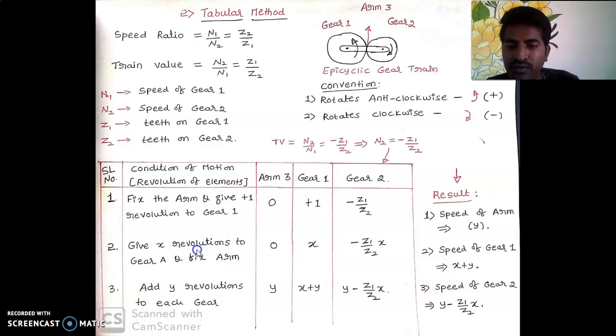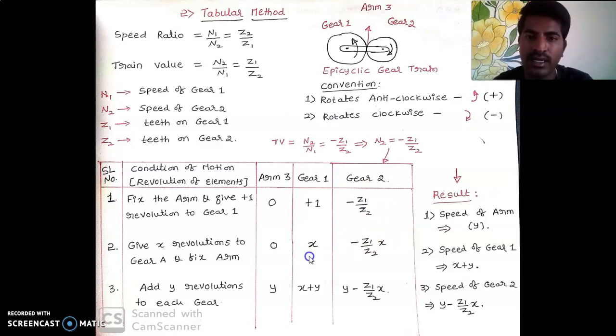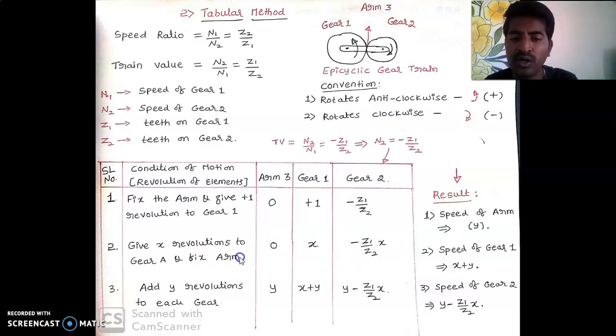In the same way, if we give X revolution, it means it is X. Simple, right? Then gear 2 will rotate this much quantity. See, if you are not understanding this in the second step, what you need to do is just multiply X to the first row. Just multiply the X to the first row. So X into 0, 0, X into 1, X, minus Z1 by Z2 into X, minus Z1 by Z2 X.